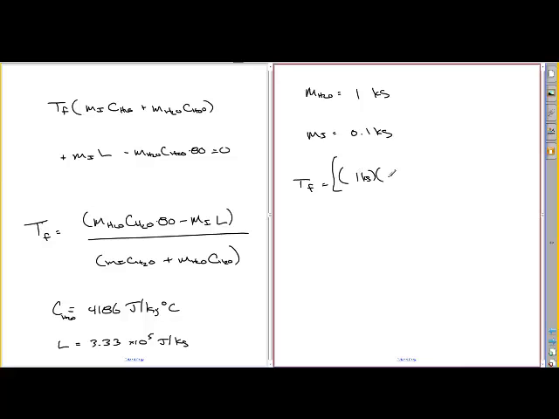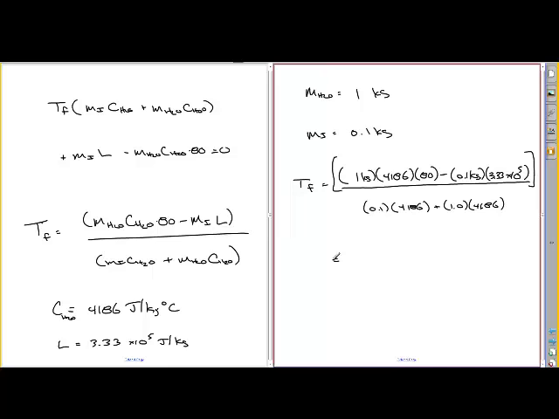So we have the mass of the water, which is 1 kilogram, times specific heat of water, which is 4186, times 80, minus the mass of the ice, which is 0.1 kilograms, times 3.33 times 10 to the 5th joules per kilogram, divided by the mass of the ice, which is 0.1 kilograms, times the specific heat of water, 4186, plus the mass of the water, which is 1, times the specific heat of water, 4186. And hopefully this becomes a positive number in the numerator.